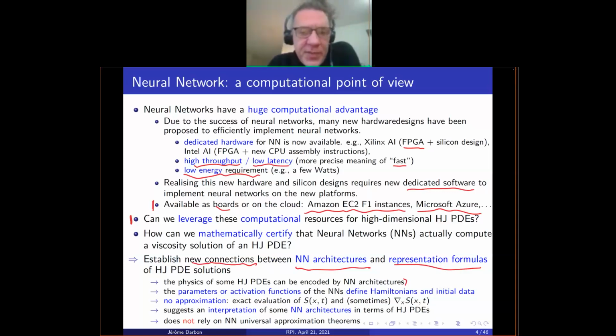And as I mentioned before, all these results do not rely on any universal approximation theorem of neural networks. We just draw an exact representation between the solution and the neural network architecture.